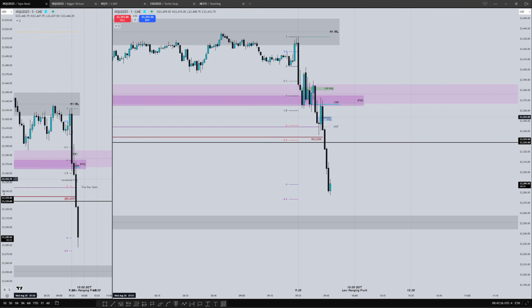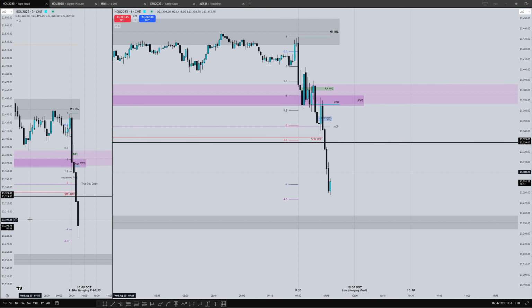It doesn't matter where that draw on liquidity is. It could be 50 points, 100 points, 5,000 points away. It's going to keep expanding until time of day. It's a very useful skill because then you can exponentially increase your targeting capabilities, because you're no longer relying just on the y-axis. You're relying on the x-axis as well.